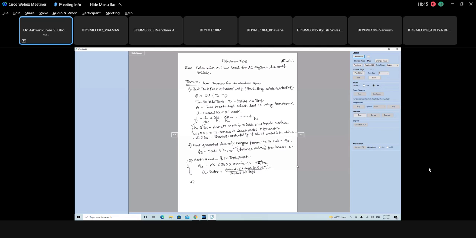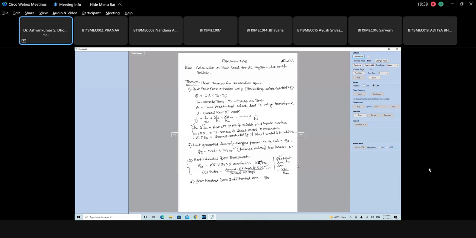The fourth one is heat due to fan, so Q4 is equal to the kilowatt of the fan divided by the mechanical efficiency. So this is Q4, heat due to fan.